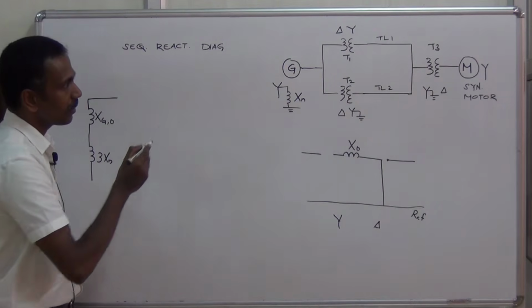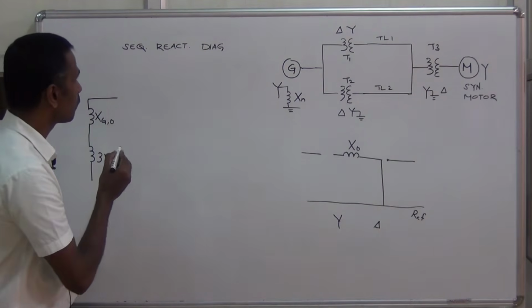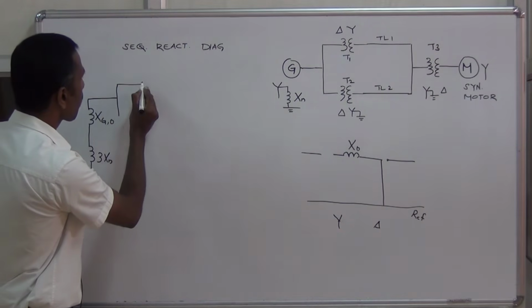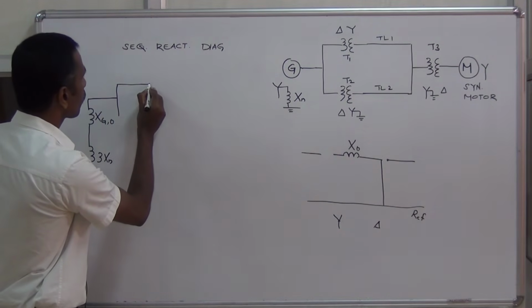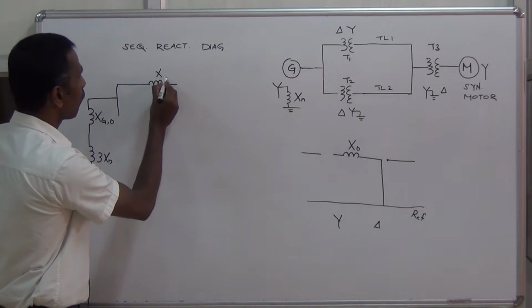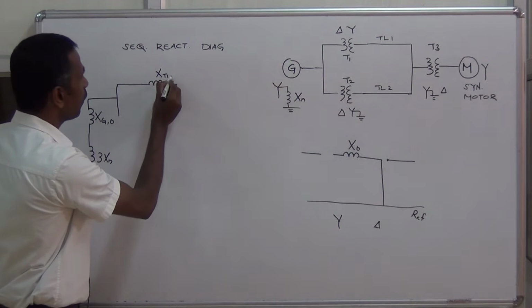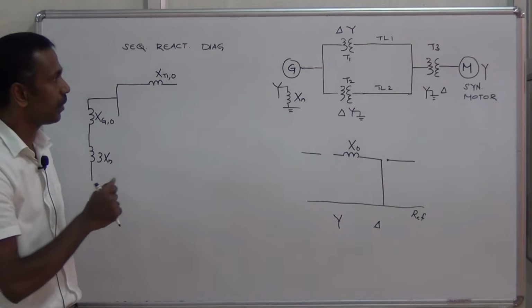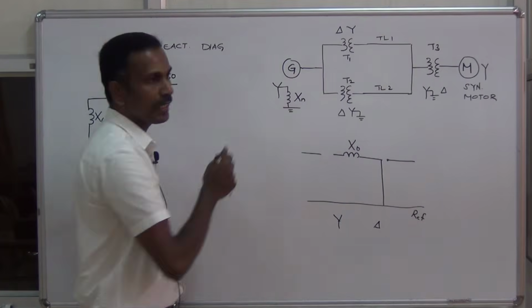Now we consider the transformer T1. This is XT10, the zero sequence reactance of the transformer T1. On the primary side, it is delta connected.